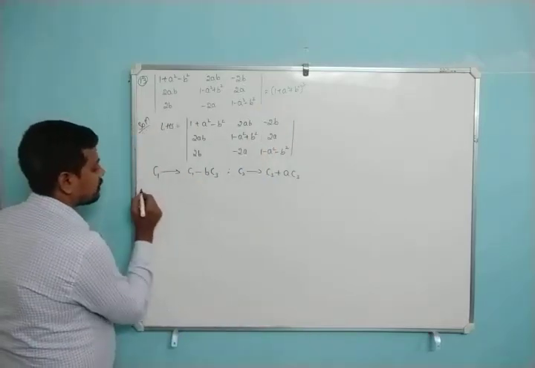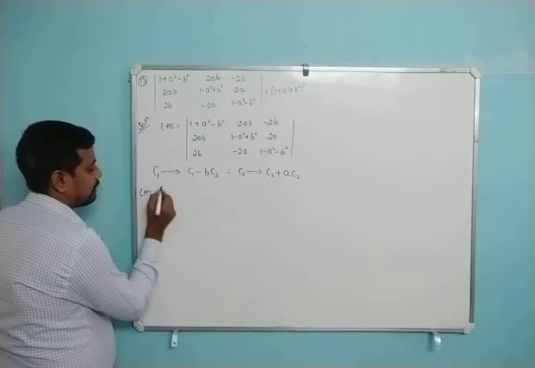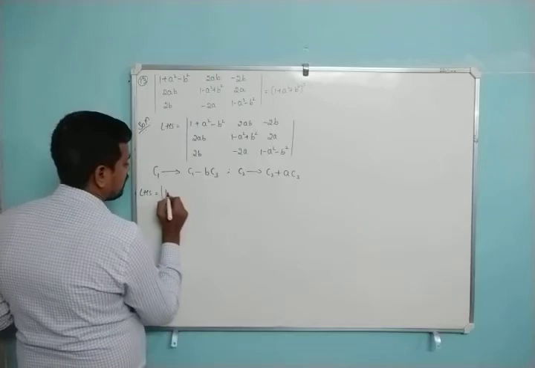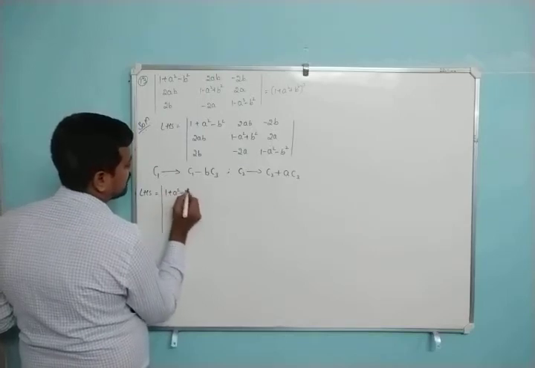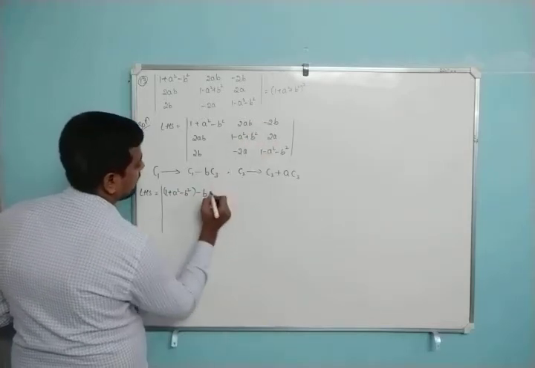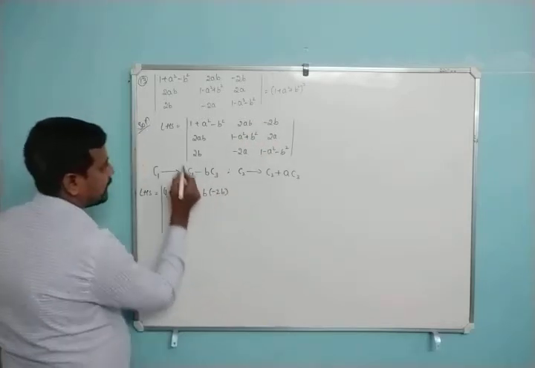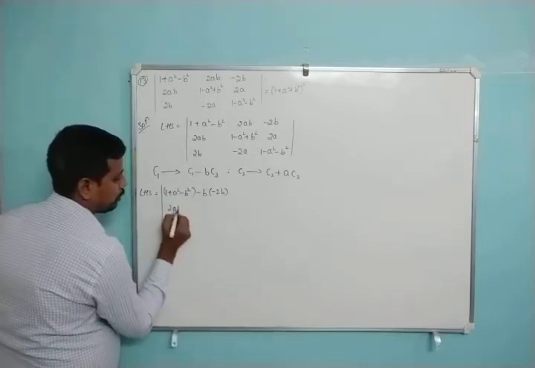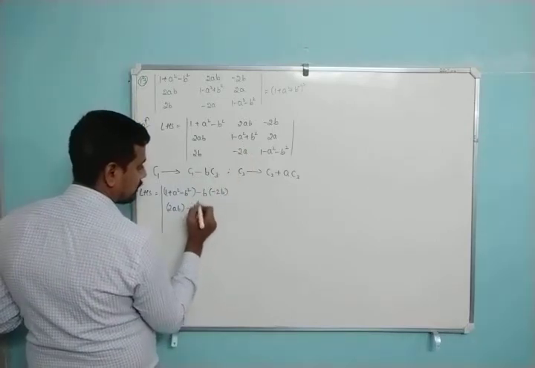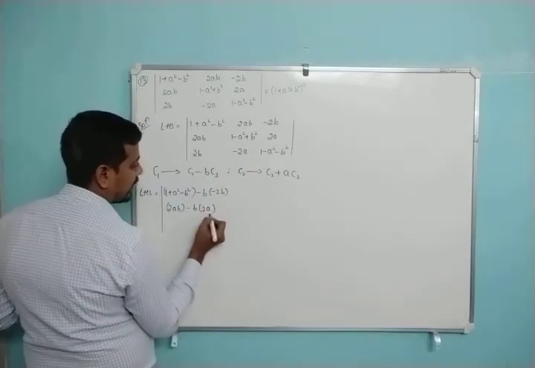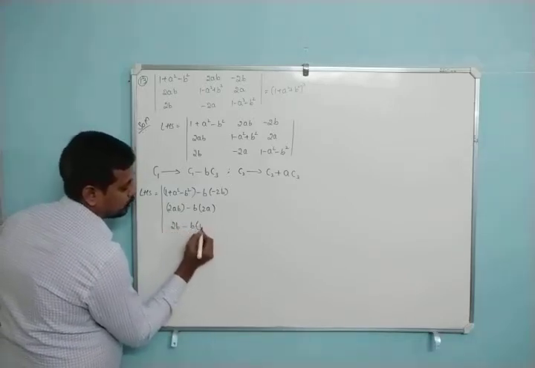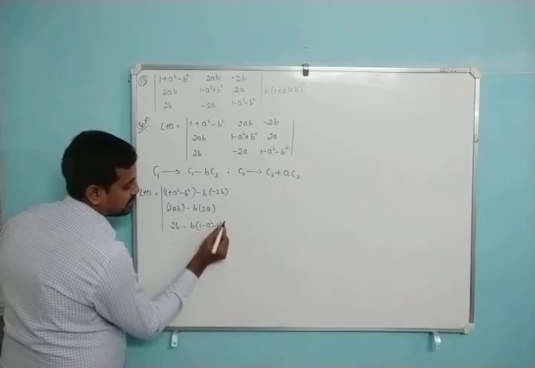So let us see what is going to happen. C1 is changing to C1 − b·C3. What is C1? 1 + a² − b², minus b into, what is C3? −2b. And here 2ab minus b into 2a. And this is 2b minus b into (1 − a² − b²).